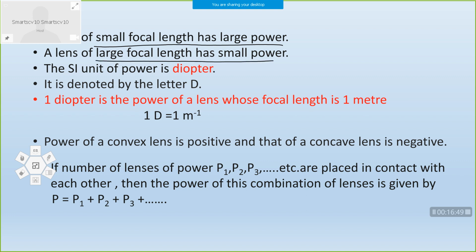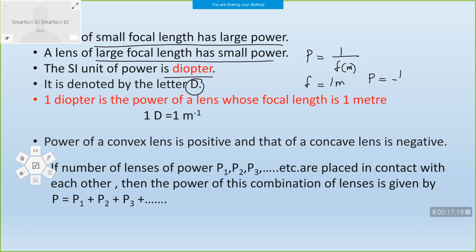Then what is the SI unit of power? The SI unit of power is the diopter. It is represented by the capital letter D. Then how will you define one diopter? As you know, power P is equal to 1 by F in meters. Suppose we have a lens of focal length 1 meter, then what will be the power?